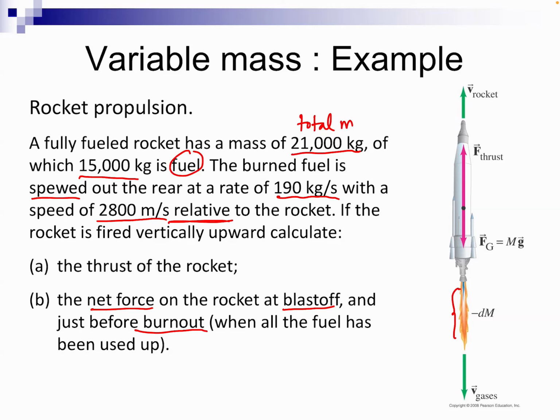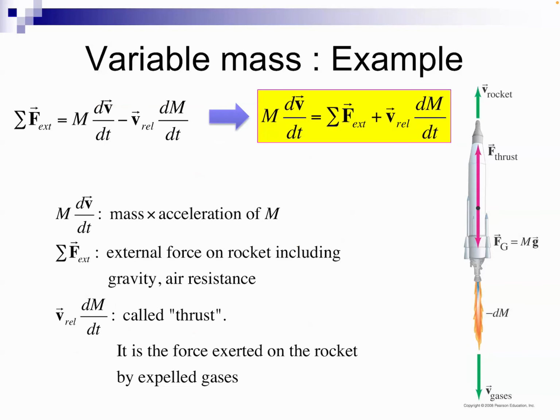All right, let's relate this scenario to the equation. This is the equation for momentum relating to external force, expanded out in terms of change in velocity and change in mass, which we looked at in the earlier slides. I just rearranged this equation so it's easier to interpret physically. I put on the left side mass times the derivative of velocity over time.